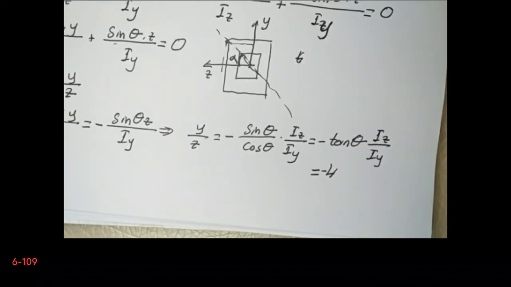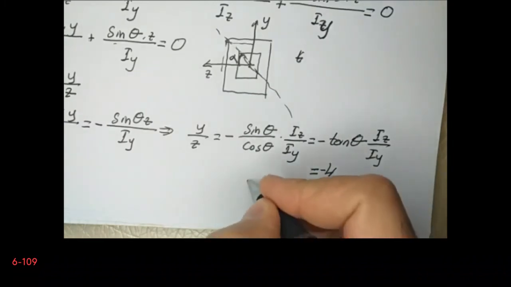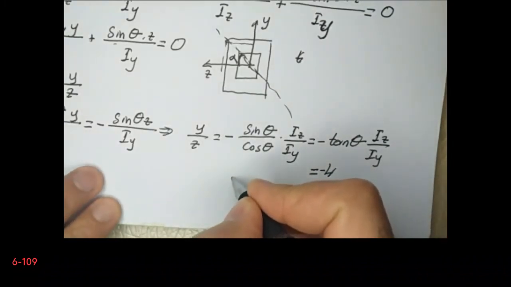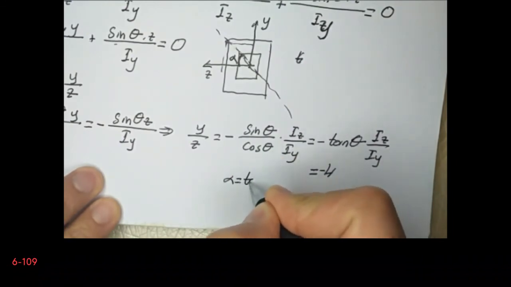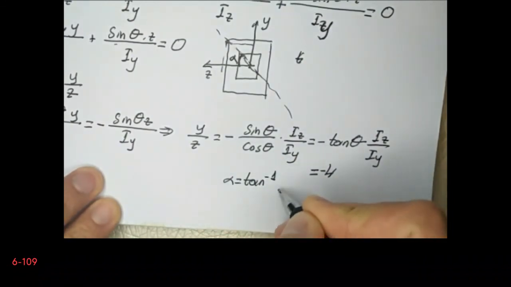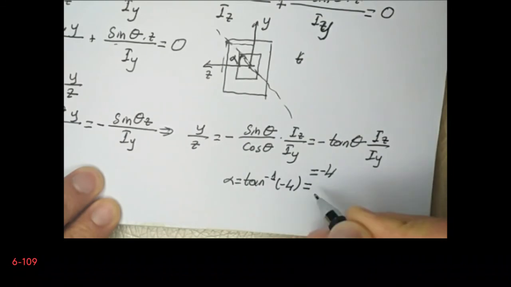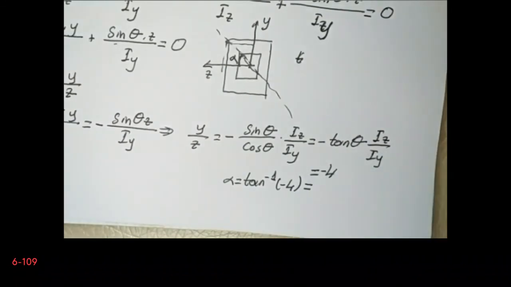The alpha is equal to minus 75.964 degrees.